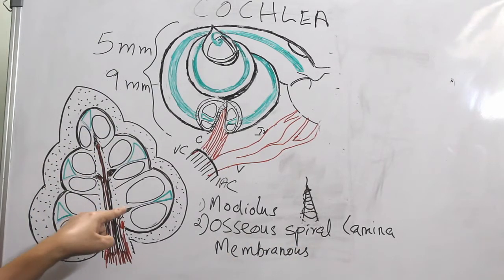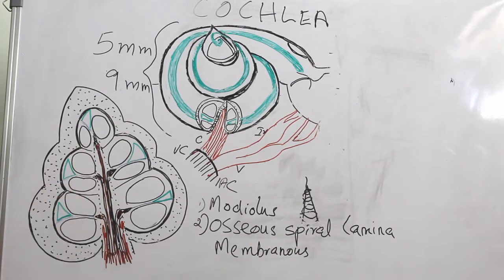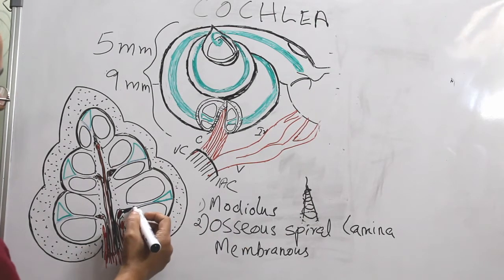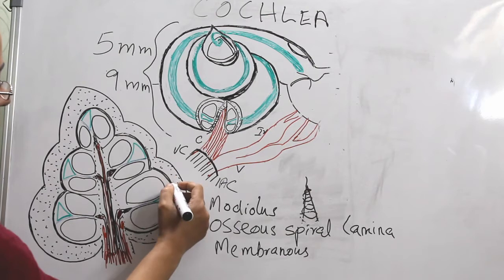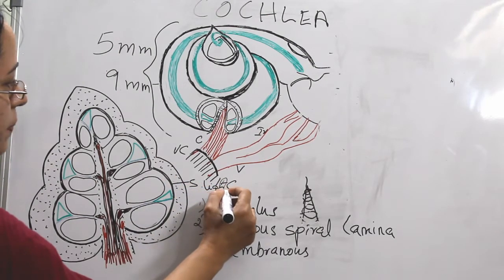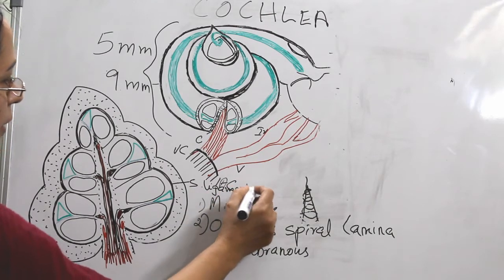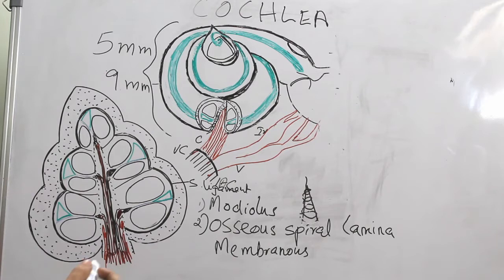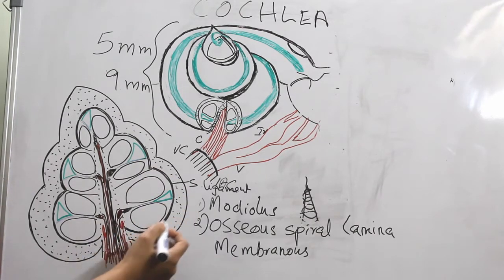And this membranous spiral lamina passes from the edge of the bony spiral lamina to the spiral ligament. Here comes the spiral ligament. What is this spiral ligament? The inner part of the coiled tube or the bony cochlea is thickened to form a fibrous ligament, and that is called the spiral ligament.